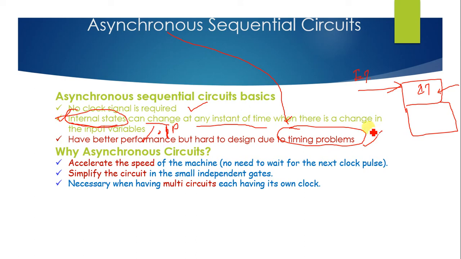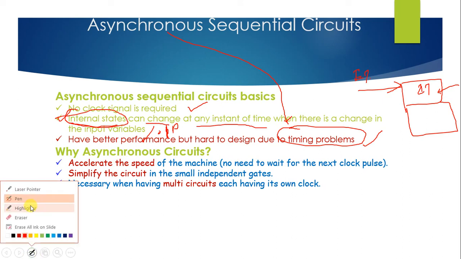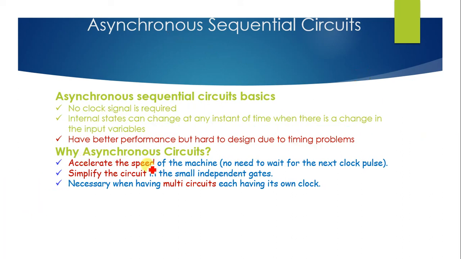So why do we need asynchronous circuits? As discussed, they will definitely accelerate the speed of your machine. Take the door and switch example. If it is a mechanical switch, it will automatically switch on your fan, just a simple switch on and off.